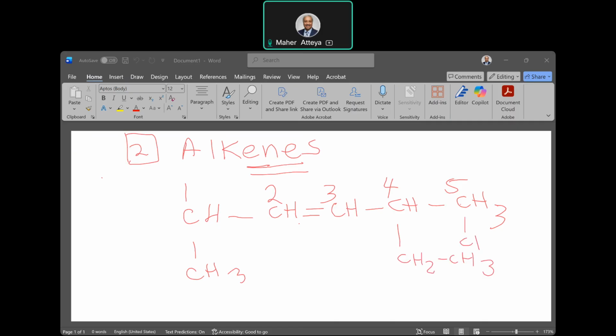So this 3 has to be 2. Now, regardless of the functional groups attached to the main chain, the double bond will take first priority. So still it is 2-pentene. The double bond is located at carbon 2.